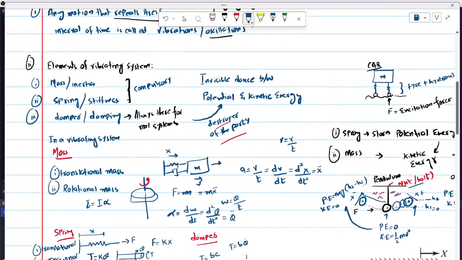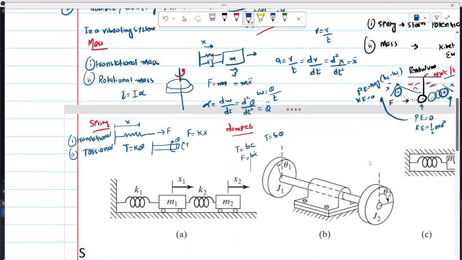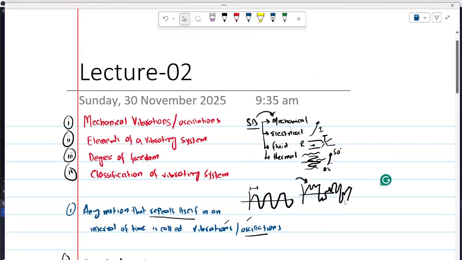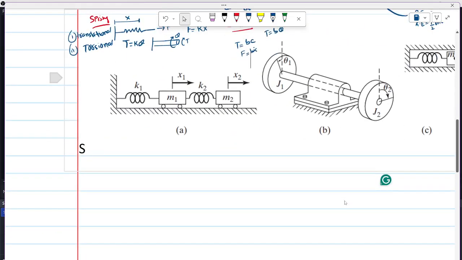The second thing before discussing these figures is the degree of freedom. I hope you are aware of what the degree of freedom is.